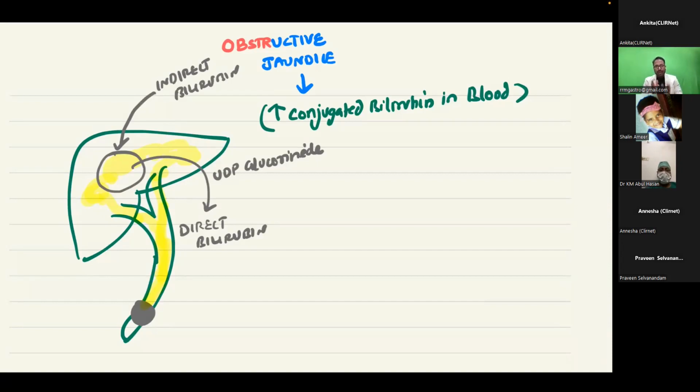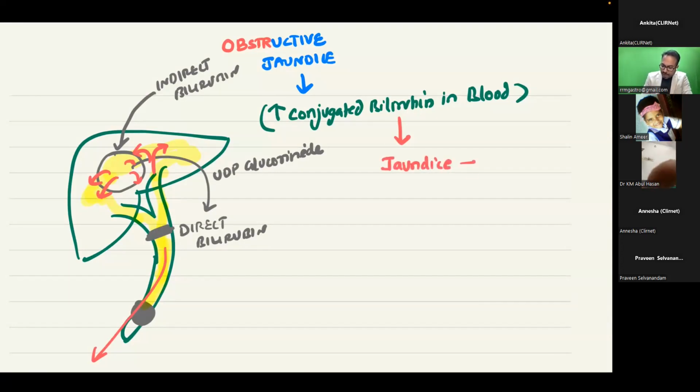Now what happens? The direct bilirubin that is produced, there is no issue in that. But because of the obstruction here, the direct bilirubin cannot enter the lumen of the bowel. So it starts entering the blood vessels, the sinusoids, inside the liver. Therefore there is increased conjugated bilirubin in the blood, which will cause jaundice.